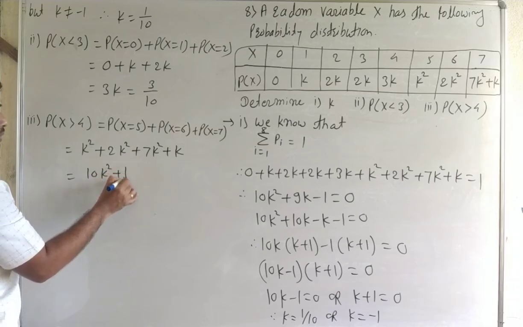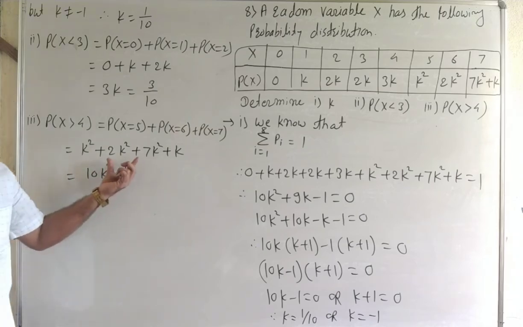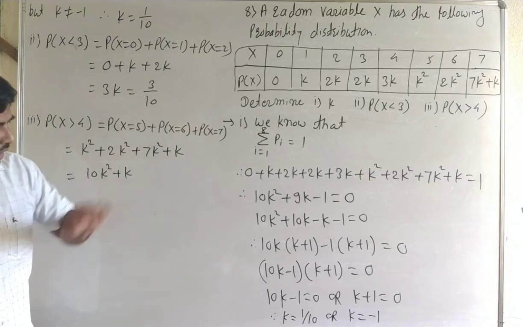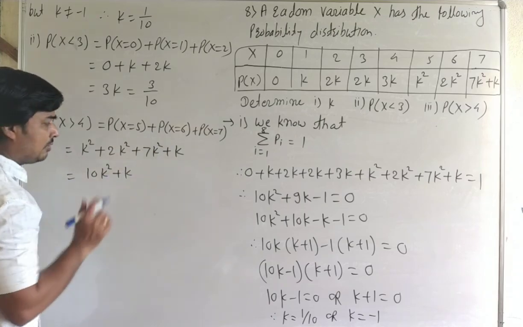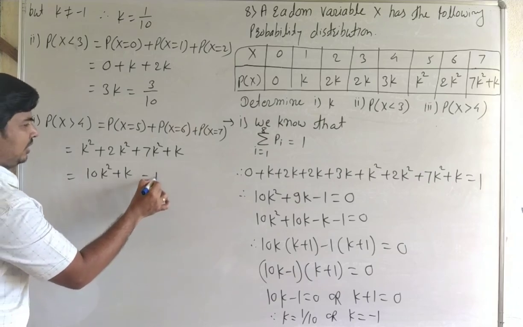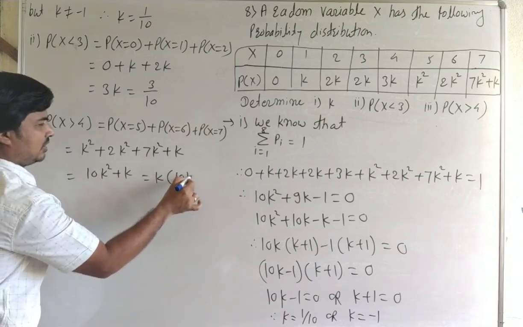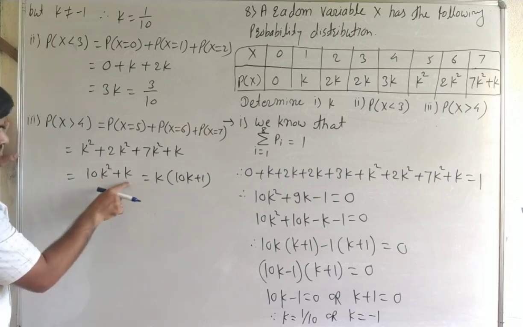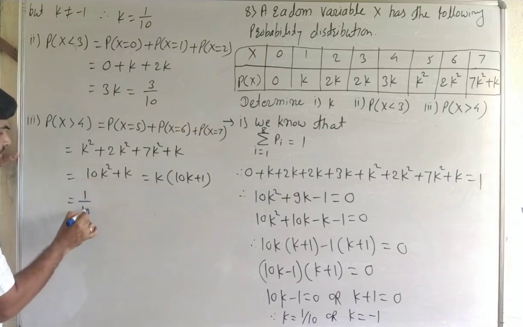Then the addition is 10k square plus k, and the value of k is 1 by 10. For simple calculation we take k common: k into 10k plus 1, with k equal to 1 by 10.